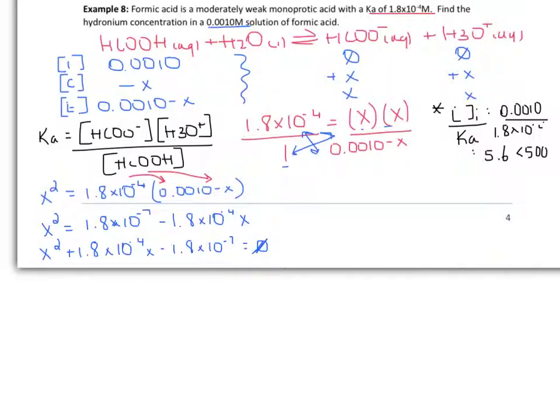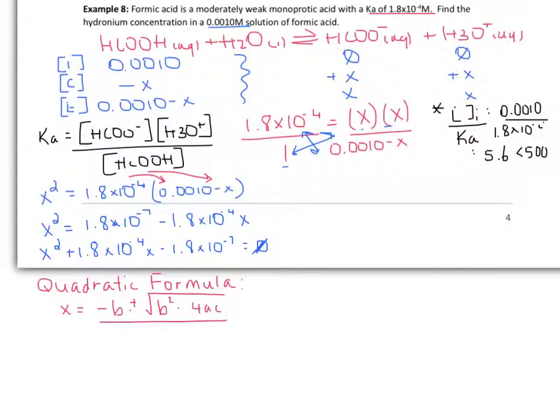And it is at this point that we are going to use the quadratic formula. The quadratic formula is given to you on your data sheet for Chemistry 3202. And it's x is equal to minus b plus or minus the square root of b squared minus 4ac all over 2a. Knowing that a is whatever is in front of the x squared, b is whatever is in front of the single x, and c is our constant. So this is a, b, and c.